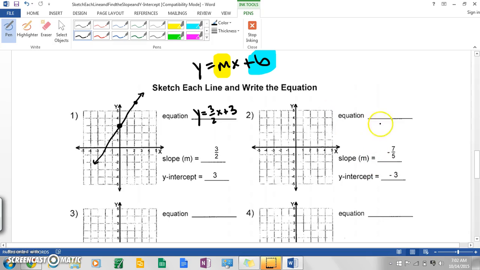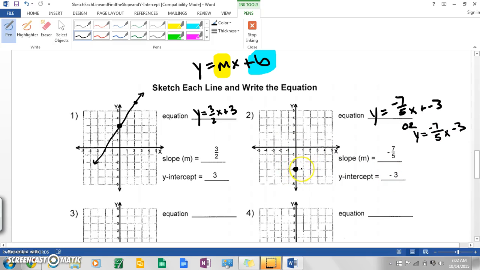Our equation here is going to be y equals negative 7/5 x plus negative 3. Instead of writing plus negative, we could just write y equals negative 7/5 x minus 3. Same thing.